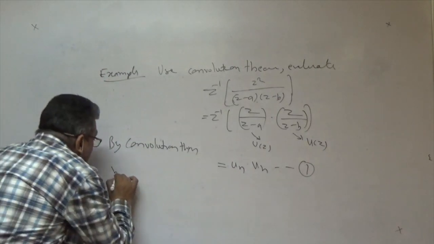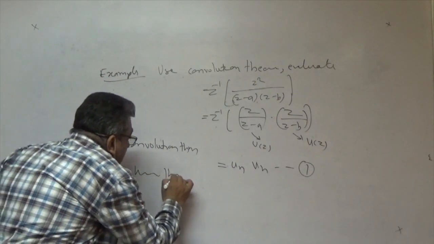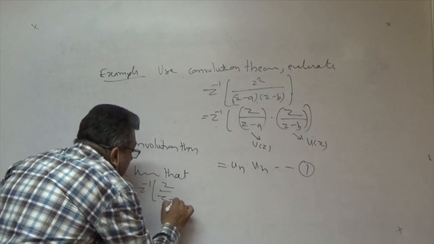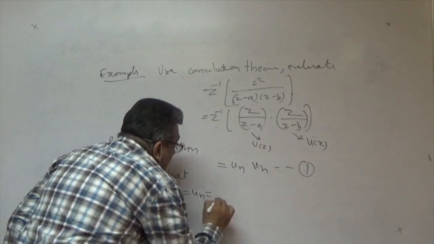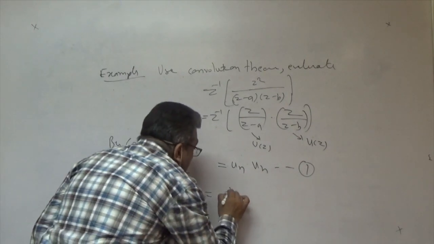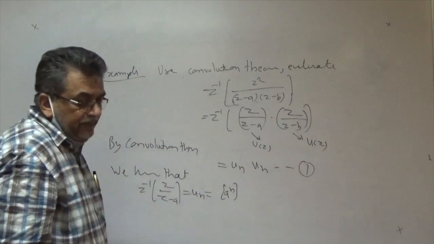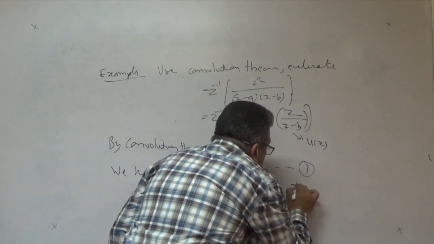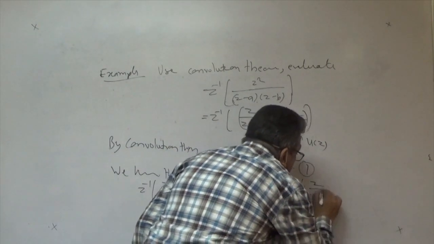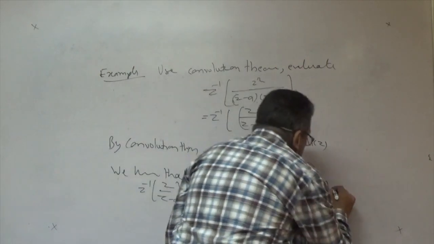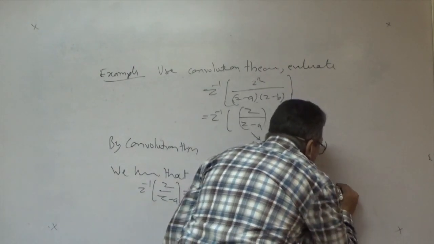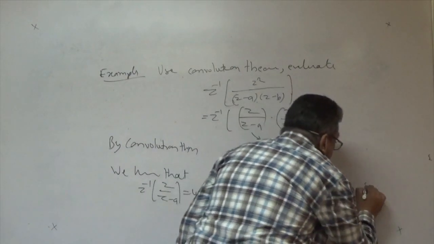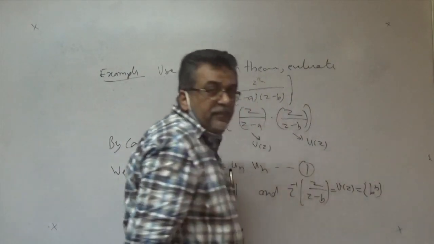Now, separately we know that the inverse Z transform of Z upon Z minus A, which we are denoting un, is equal to the sequence A to power n. And the inverse Z transform of Z upon Z minus B, which we denote V of Z, by formula will be equal to the sequence B to power n.